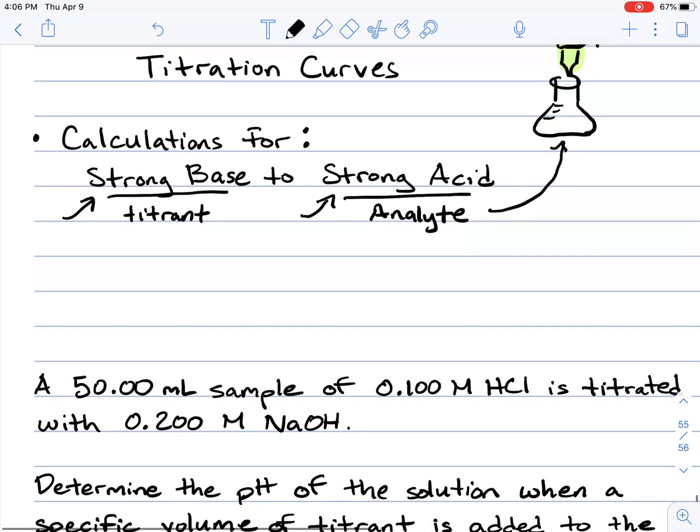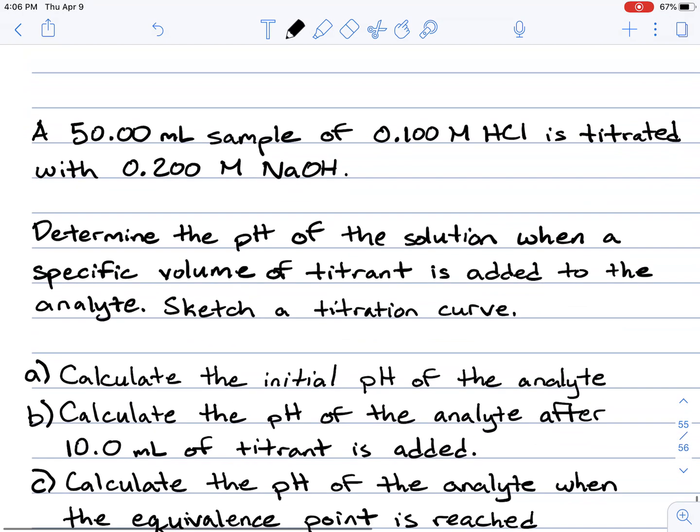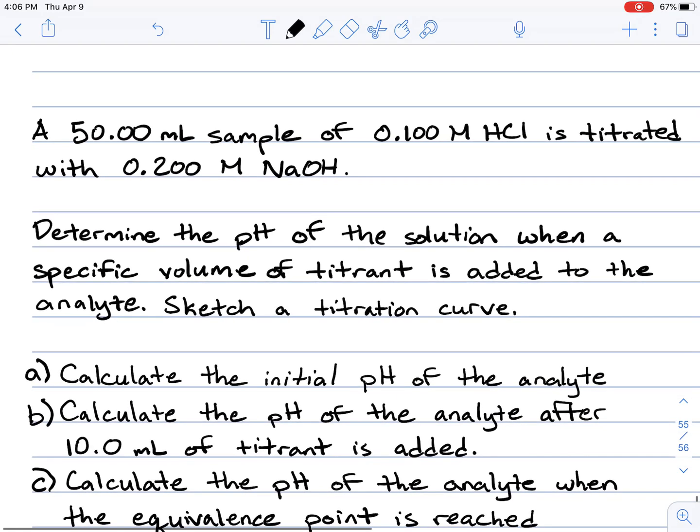Now, on an exam, you are not going to have these clues to help you determine which set of calculations you are going to perform. If you are just given a word problem like this, you need to be able to determine what's the titrant and what's the analyte. There are some key clues that can lead you in that direction. For example, the word sample.